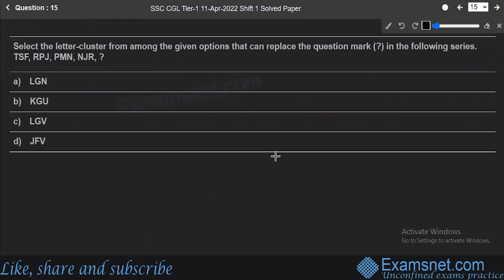Select the letter cluster from the given options that can replace the question mark in the given series. So these are the letter clusters. See, for all these type of questions, I told you in the last question also, same question, you have to make the table. Table for alphabet serial number. Okay.